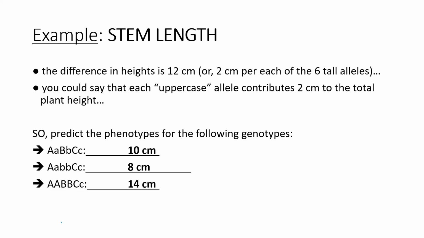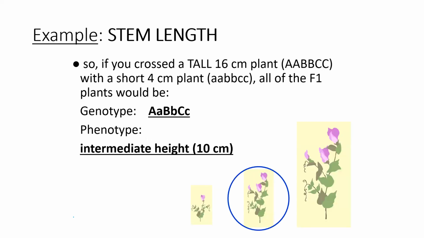So, sir, how do you determine the number? Because I see it here that the uppercase contributes 2. So is it that we add... Keep in mind, this is an example, which means the numbers are made up. Oh, so they're arbitrary. It's not like there's a gene that gives exactly 2 centimeters.